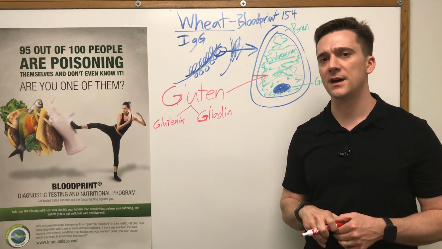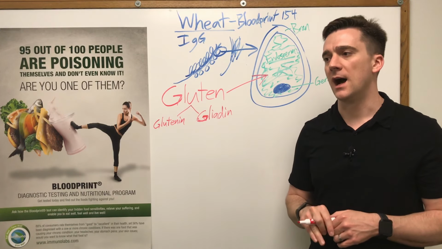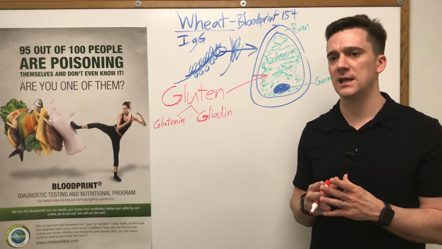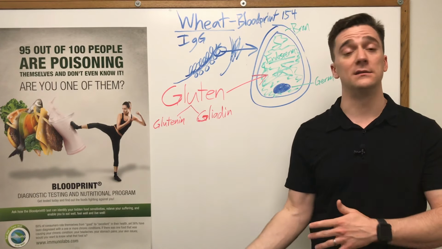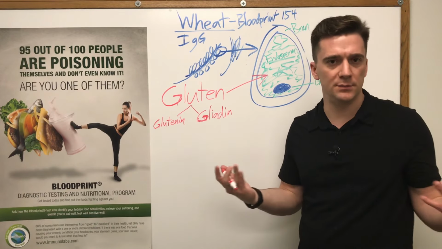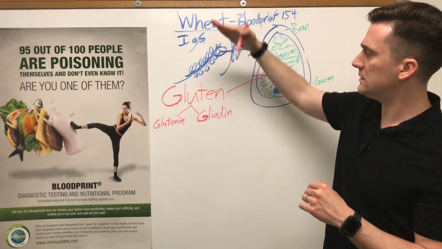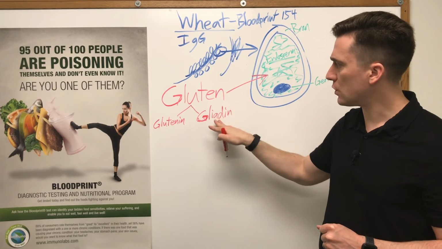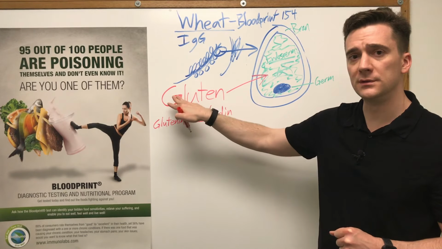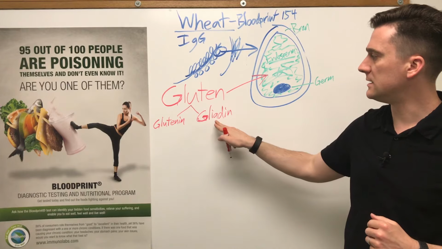And rice is mainly thought to be hypoallergenic, meaning most people won't react to rice. I can tell you in our data that rice is less likely to be an inflammatory reactive food than many other foods, but potentially someone could have an issue with it. But sticking on this point of wheat, gluten, gliadin, gliadin comprises the majority of gluten. When you're looking at that structure itself, the majority is going to be gliadin.